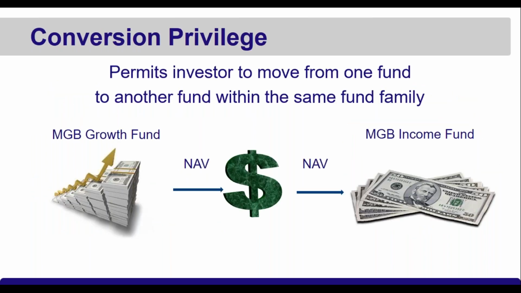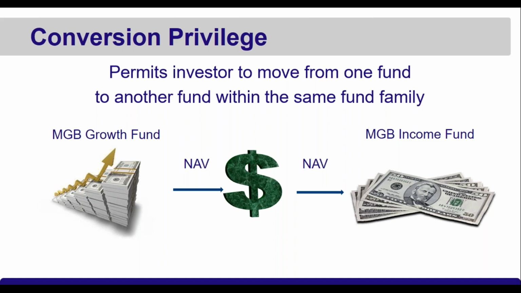All right, conversion privilege. All funds allow you to move within the fund family from one objective to another without incurring another sales charge. They want to see you staying with the fund family, so they will allow you to go NAV to NAV, from one objective to the other. That's known as a conversion privilege. Please understand, however, that you're going from one company to another. It's like going out of Home Depot and into Lowe's.